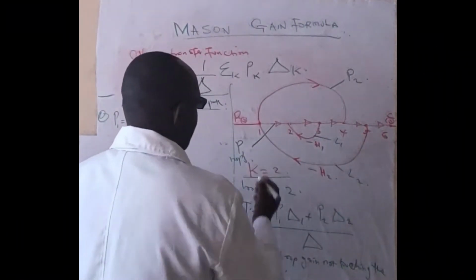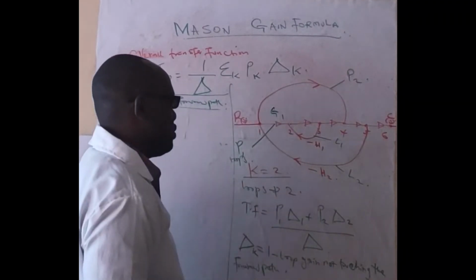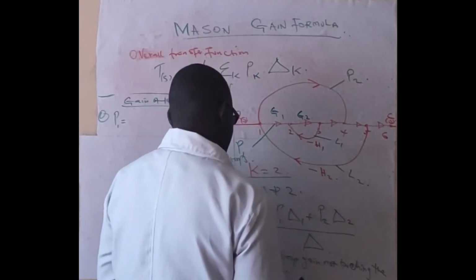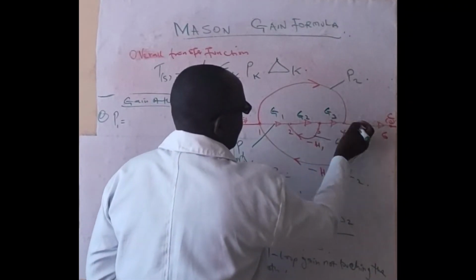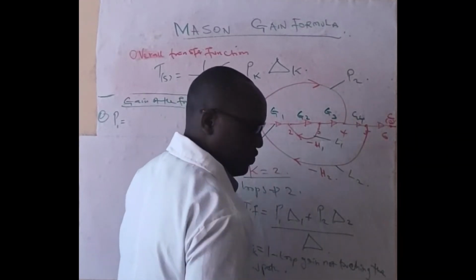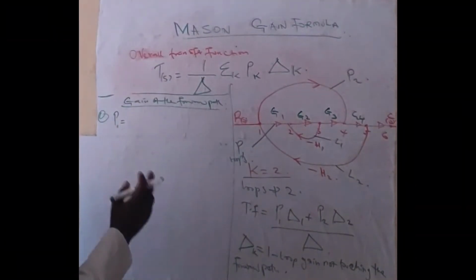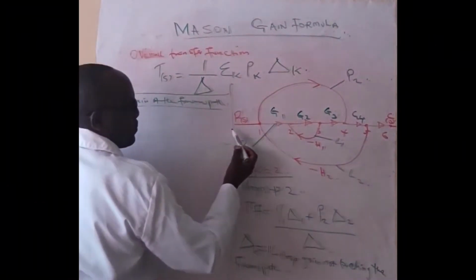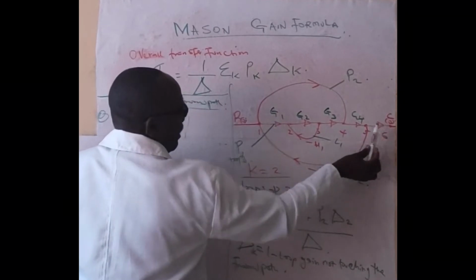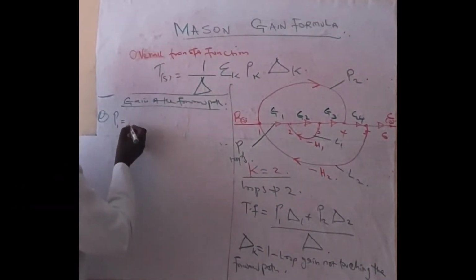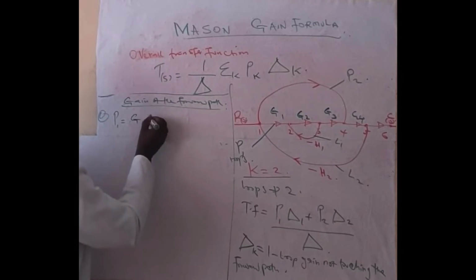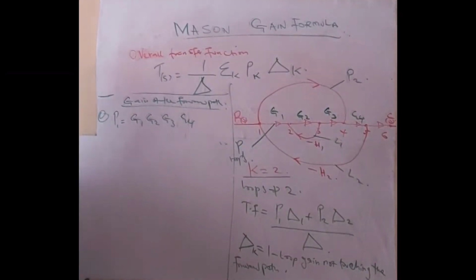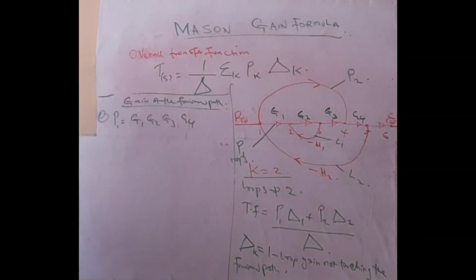You can take the gains to be G1, G2, G3 and G4. To determine B1, you find the product of the gains along that forward path. So it is going to be G1, G2, G3, G4. That forms the gain of the first forward path.